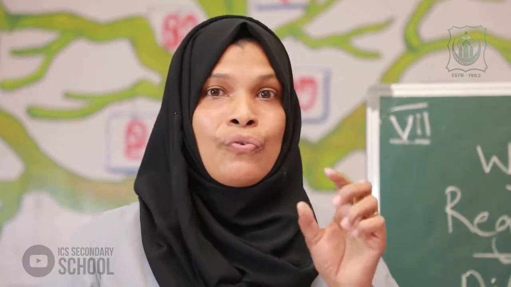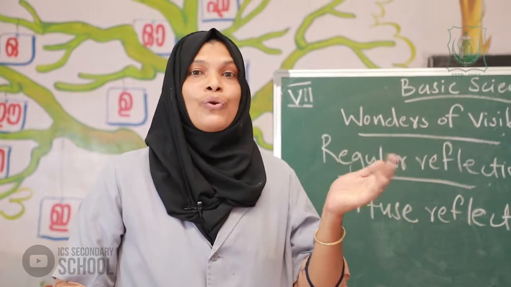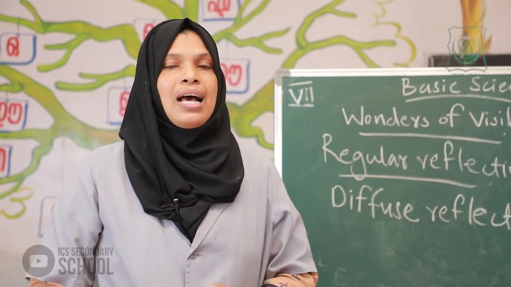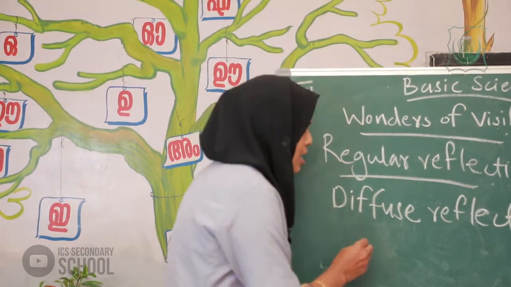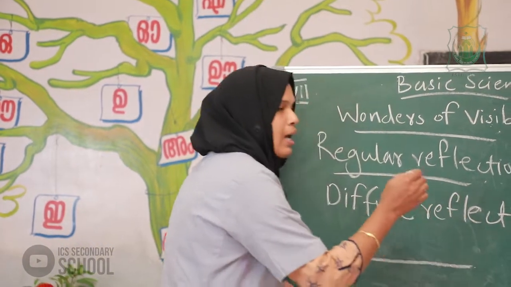When light falls on surfaces like a steel plate, smooth floor tile, mirror, etc., those surfaces are smooth.